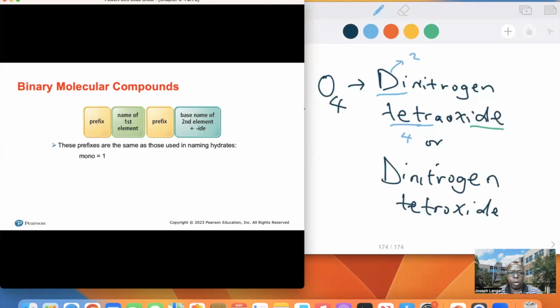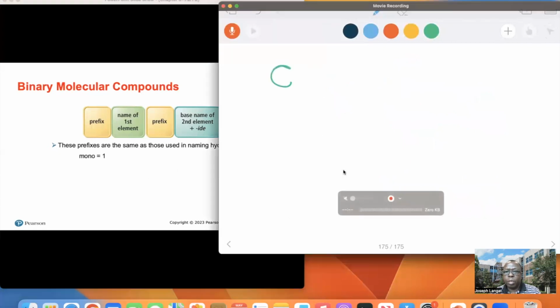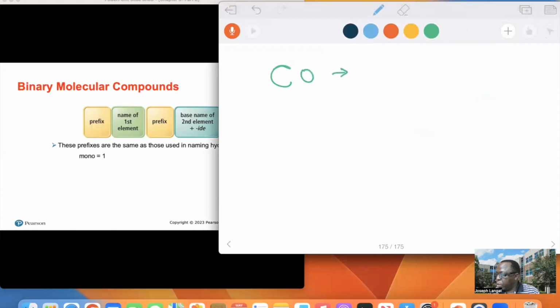Mono means one, all right? For example, here, how we use mono is CO, this is carbon, and then mono, you drop the O and then you say monoxide like that. It's not monooxide. All right.